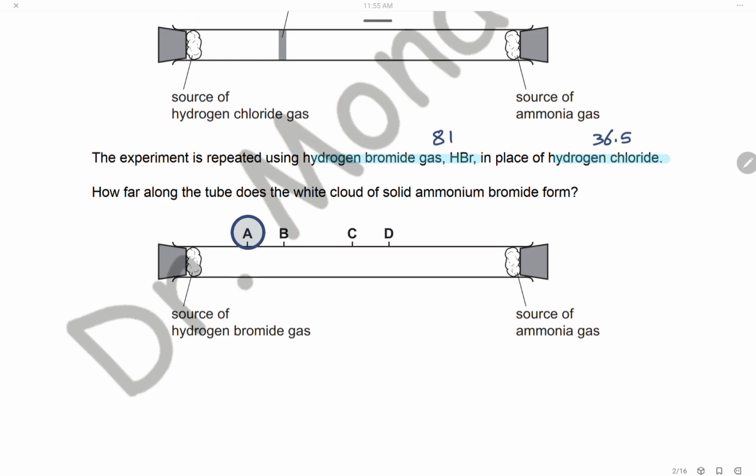First, we will calculate the mass of hydrogen bromide. The molecular mass of hydrogen bromide is 81, and for hydrogen chloride it is 36.5. So hydrogen bromide has greater molecular mass than hydrogen chloride. Of course, it will diffuse slower and move a shorter distance than hydrogen chloride. So this is the distance of hydrogen chloride, and hydrogen bromide will move a shorter distance. That's why the white solid will be formed at point A.